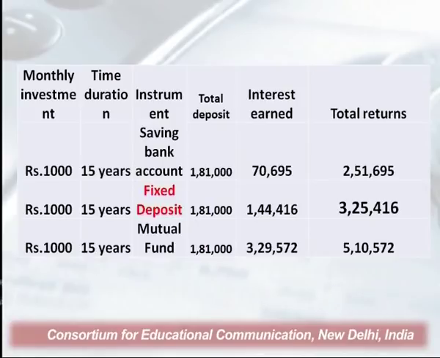3,25,416. Now let's say you are a smart investor and you understand what mutual funds are and you want to invest money in a mutual fund, and somebody suggests you a SIP plan.